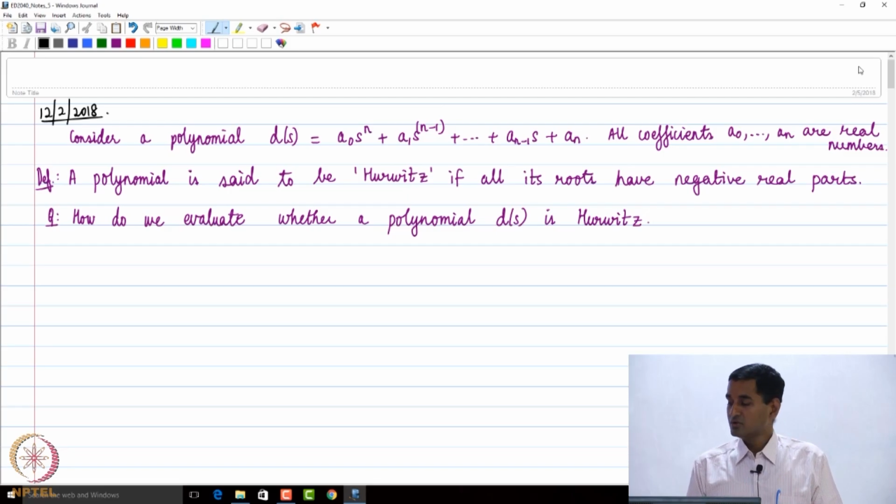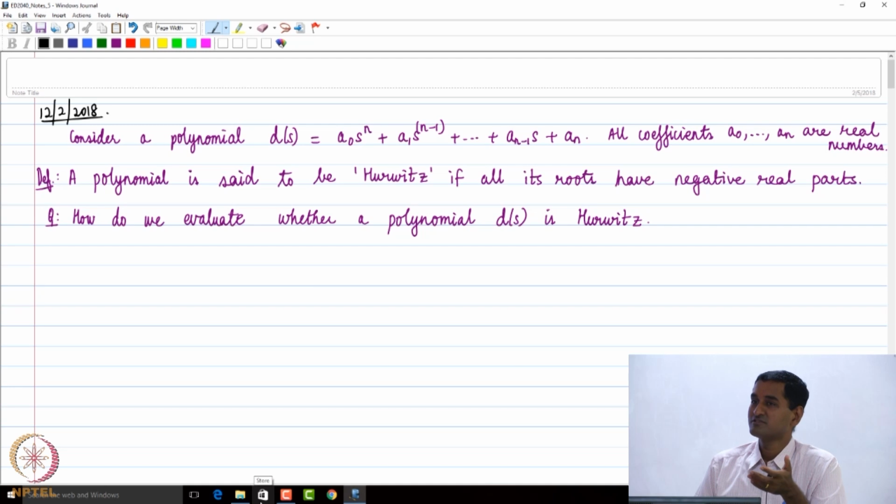So why is it connected to our discussion? Because if I am designing a control system, I look at the closed loop transfer function, and I want the closed loop characteristic polynomial, which is the denominator polynomial of the closed loop transfer function, to be Hurwitz. Then I am assured that my closed loop system is going to be stable, correct. So that's what we want to answer.